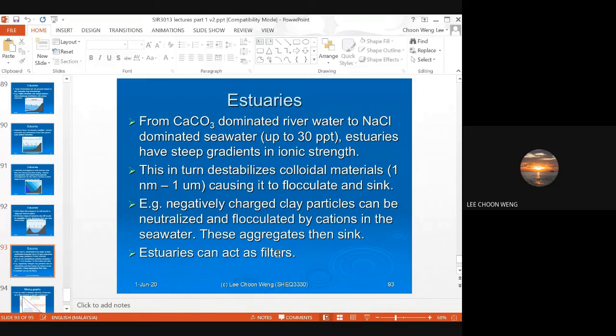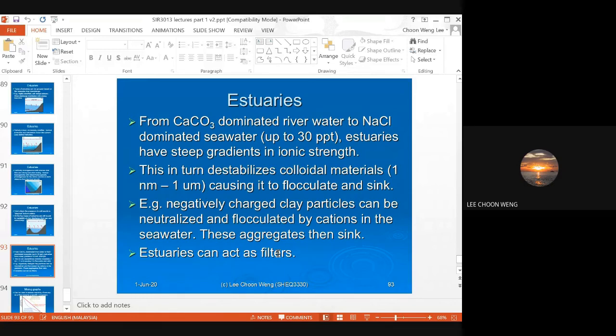So estuaries act as filters. Now we also know mangroves act as filters. Mangroves, because of their clay, which is negatively charged, can bind a lot of positively charged materials.